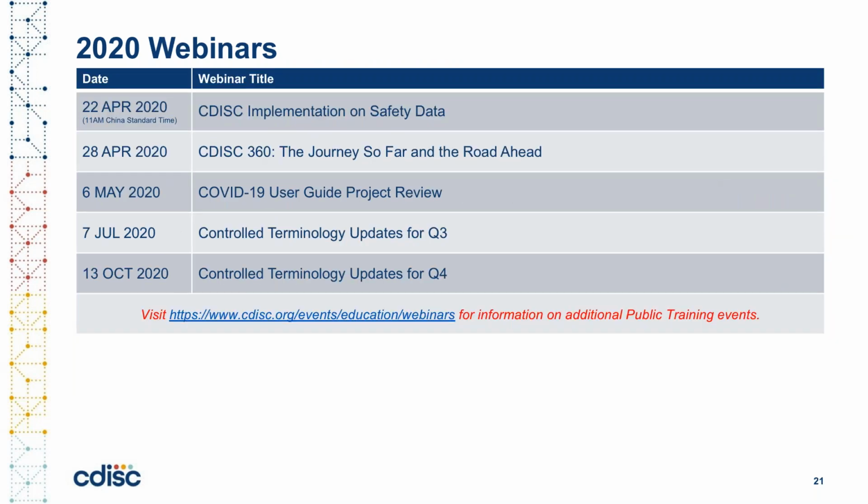Now, in general, our webinars: we're developing a bunch of them right now. We have a lot of them in the works. This is just what we have on the books at this moment. Actually, tonight, if you're in the Western countries, and tomorrow, if you're in Asia, we have our CDISC implementation on safety data, which is going to be in Mandarin.